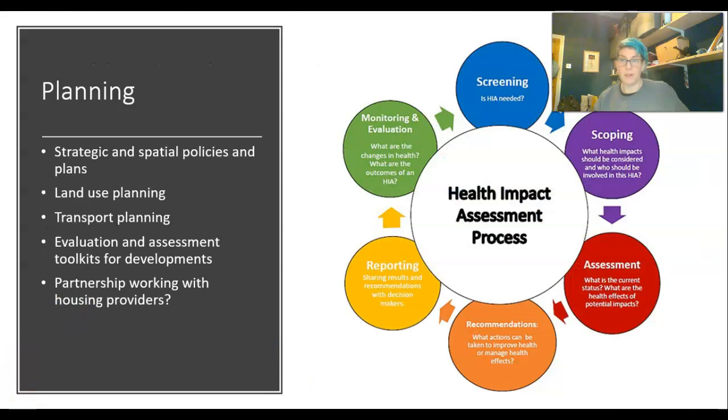So before we finish the presentation, we will discuss briefly this week, but also in future weeks, the role of planning in relation to health and housing. And obviously there are lots of ways in which the profession of planning and planners can inform and influence this relationship between health and housing.